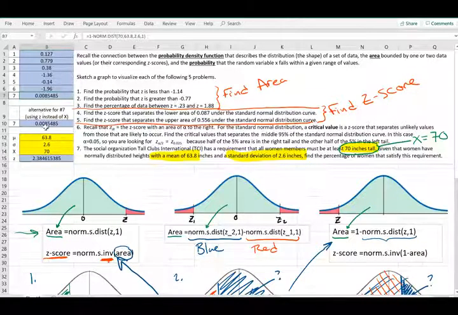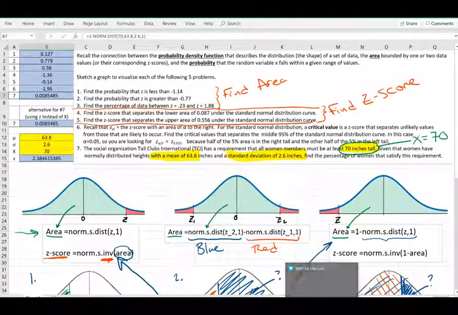But Excel makes it easy. My preferred method is, if your problem gives you x values, stick with x values. If your problem gives you z-scores, stick with z-scores, because Excel has a function for both. So if you're using Excel, there's really no reason to convert between the two.